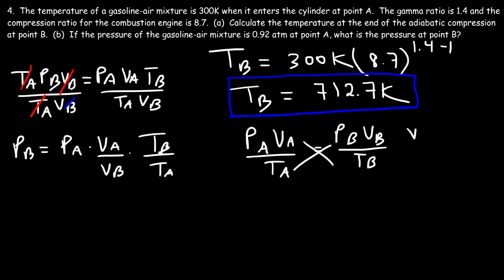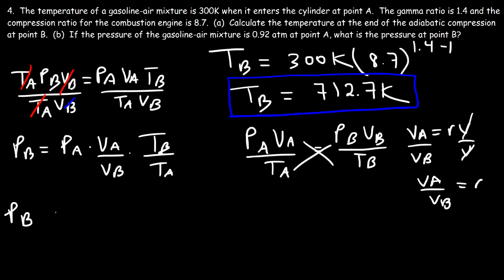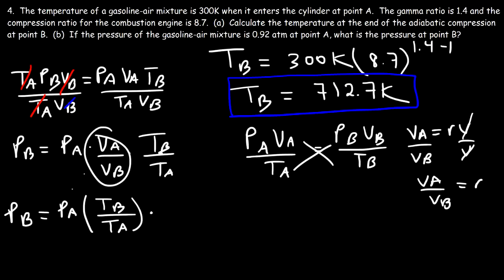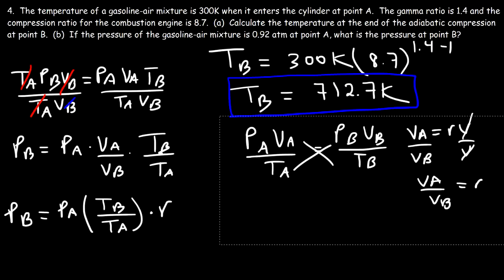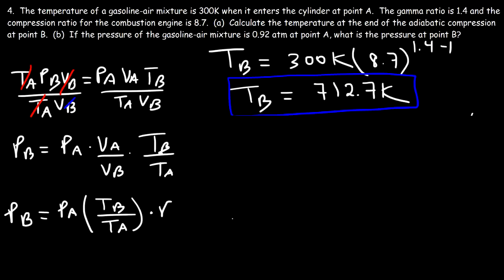And if you recall, we said that VA is equal to RV and VB is equal to V. So VA over VB is equal to the compression ratio R. So the pressure at point B is equal to the pressure at point A times the ratio of the temperature at B to the temperature at A times this, which is the compression ratio R. So at point A, the pressure is given to us as 0.92 atm.